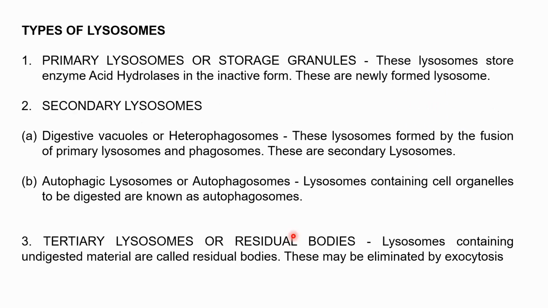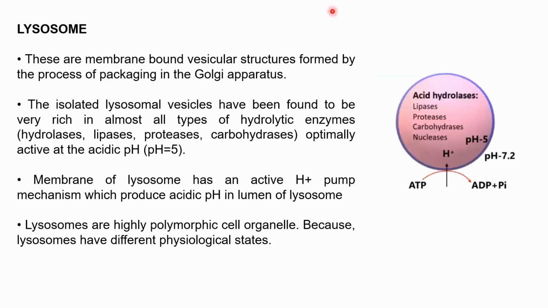They can be classified mainly into 3 types. Primary lysosomes, which are also known as storage granules. The second is secondary lysosomes. Third is tertiary lysosomes or residual bodies. Primary lysosomes or storage granules, as the name suggests, store enzymes. For example, the one which I show here.